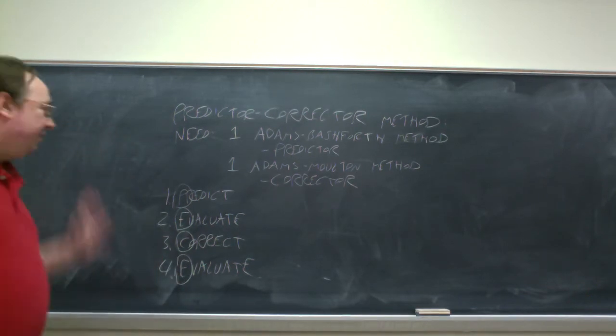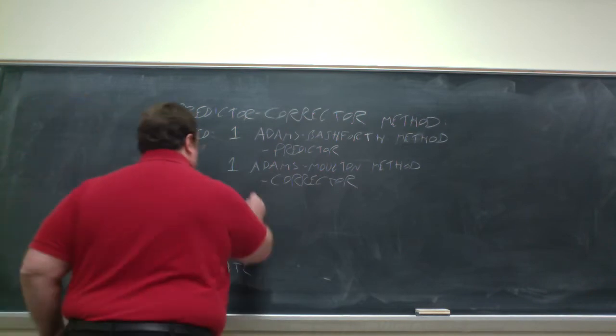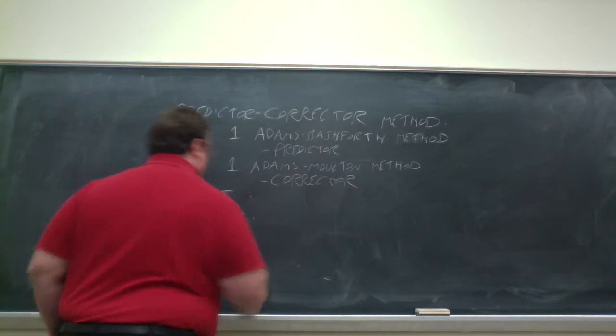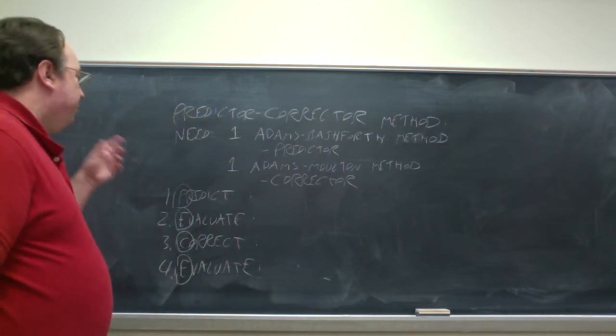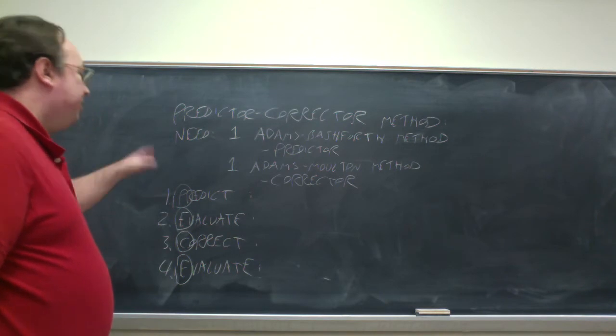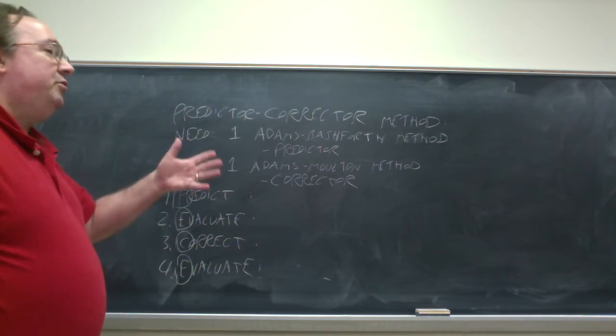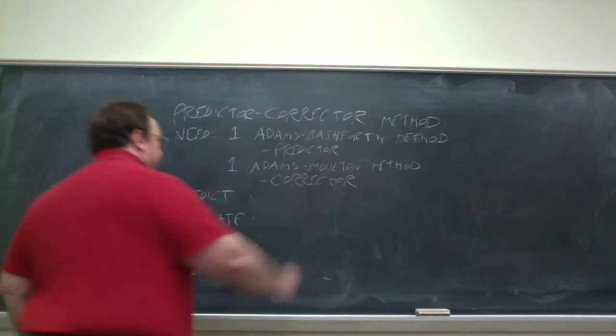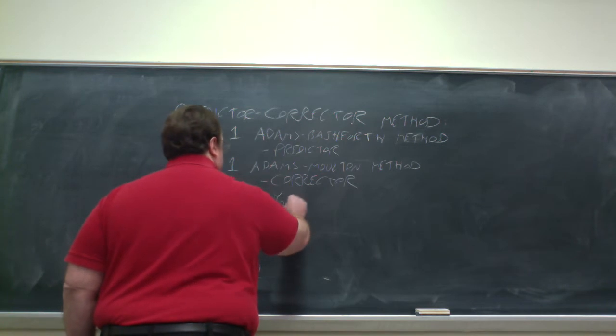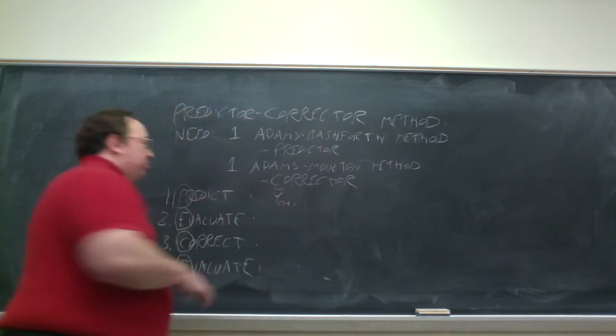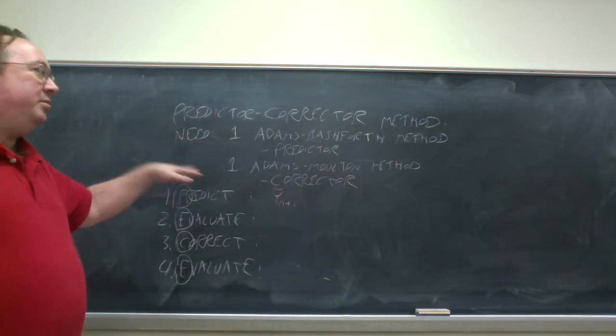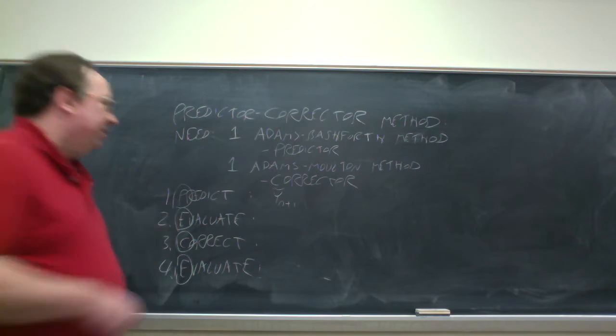So now write down what all 4 of those steps actually are. So the predictor method, there's a predict step. You just go ahead and use the Adams-Bashforth method. So at the output, we don't call it yn plus 1 because it's not our final value. It's an intermediate. It's our prediction.